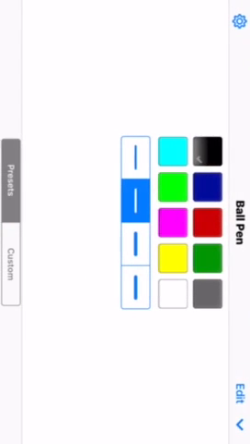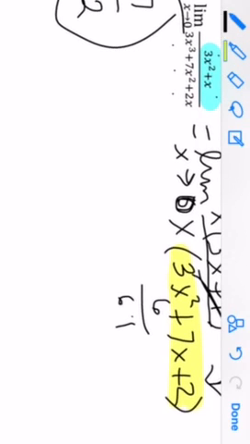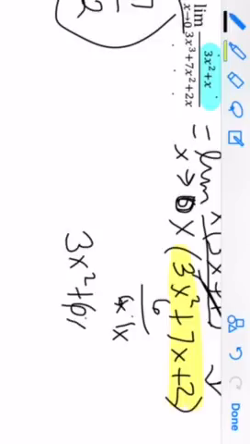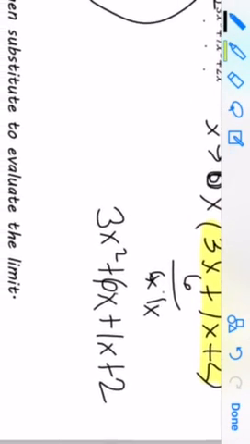Okay, so if you take 3 times 2, so I'll just explain. 3 times 2 is 6, right? So 2 numbers that times to 6 but add to 7 are 6 and 1. Okay? So you need to split the 7 up to 6x and 1x. Okay? So then you have 3x squared plus 6x plus 1x plus 2. And this is not how I usually factor, so it was taking me a bit.